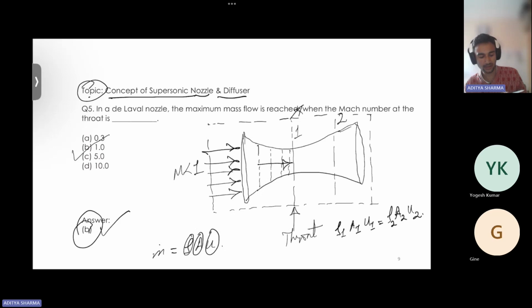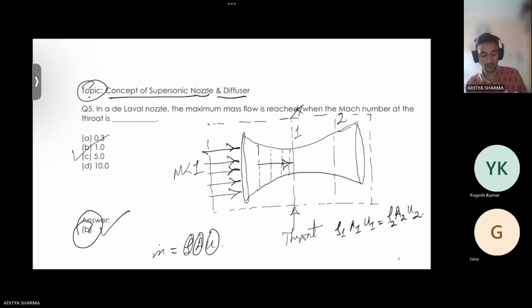So in that case, if we further want to accelerate, because this happens in real applications also, this is the main function, the idea behind such nozzles. So if we want to further accelerate this flow, then we choose this divergent section, all right?